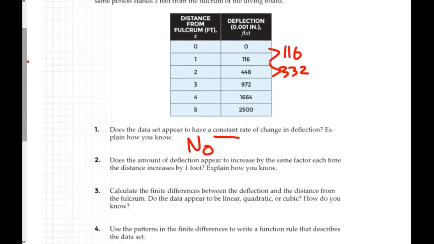Let's subtract these numbers. So let me get a calculator. Let's keep subtracting. About 24.